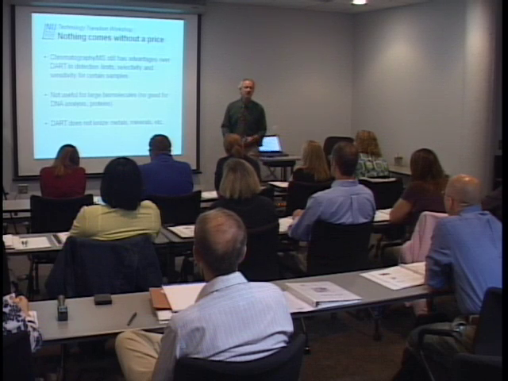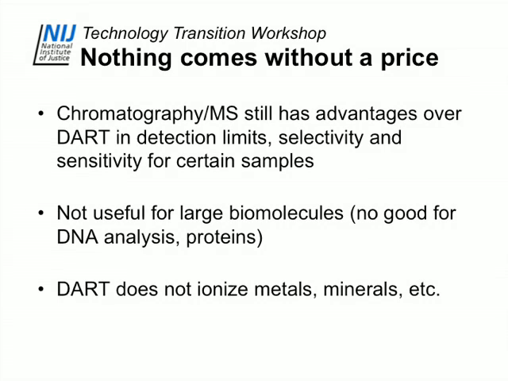Nothing comes without a price. There is no perfect mass analyzer, there's no perfect ion source, there's no perfect ideal analytical instrument. If you throw away the chromatography part of the chromatography mass spec, you are throwing away information. If you do GCMS and LCMS, those techniques are so highly refined that they're still way better than trying to do this without any chromatography.